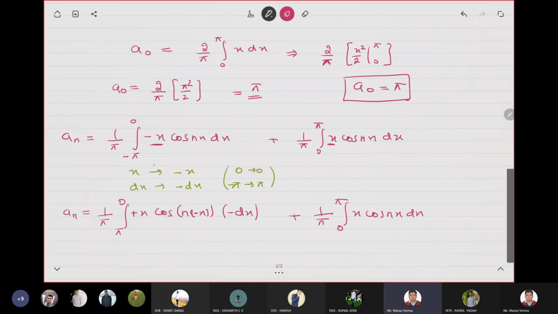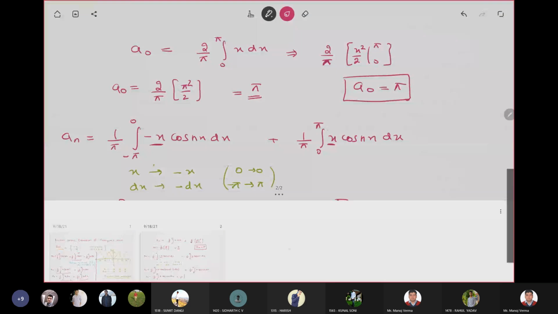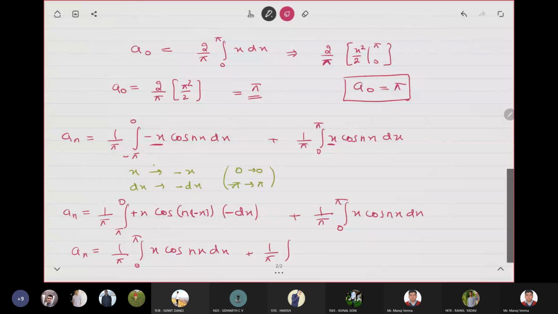Now again you can see, if I use this negative sign of dx to change the limits from upper to lower, then it will become an is equal to 1 over pi, 0 to pi, x cos nx dx, plus 1 over pi, 0 to pi, x cos nx dx. So my first integral and second integral become the same.